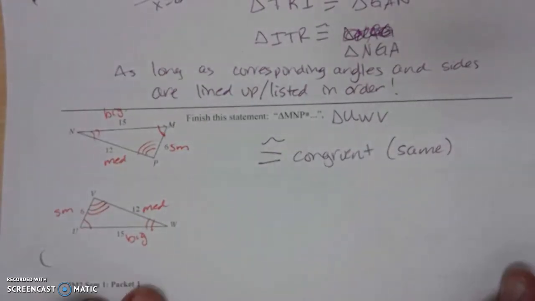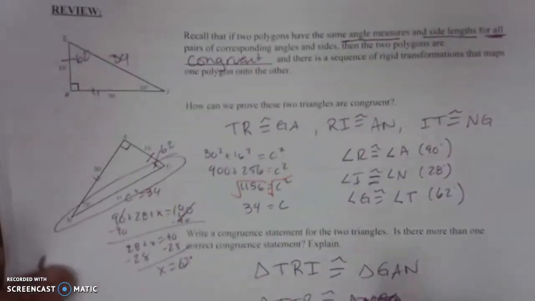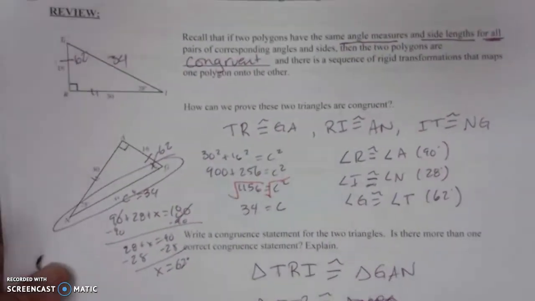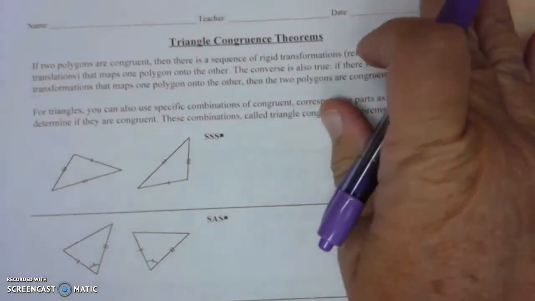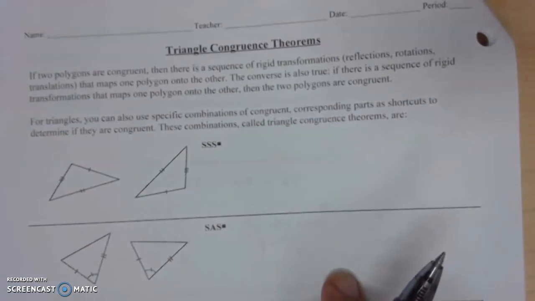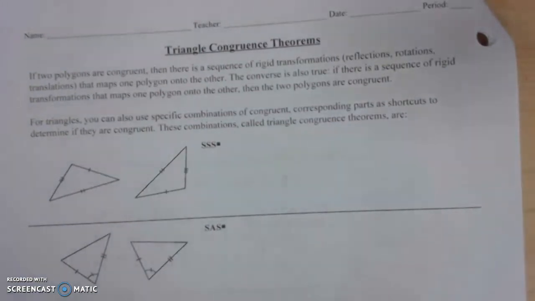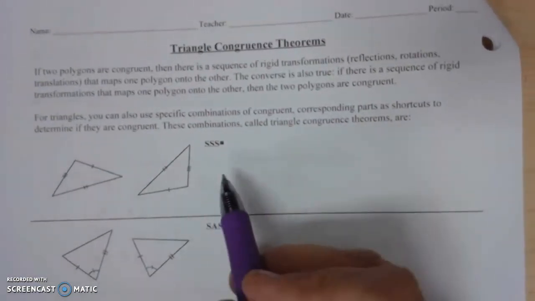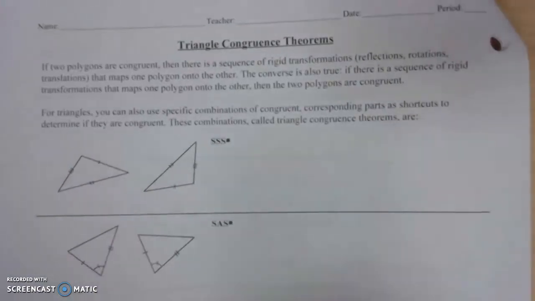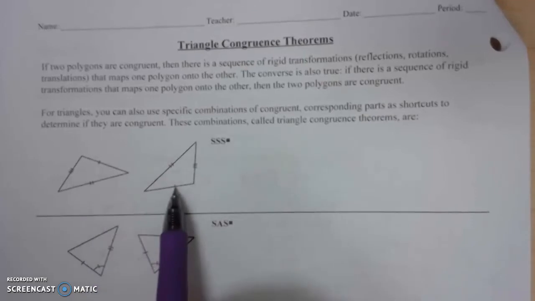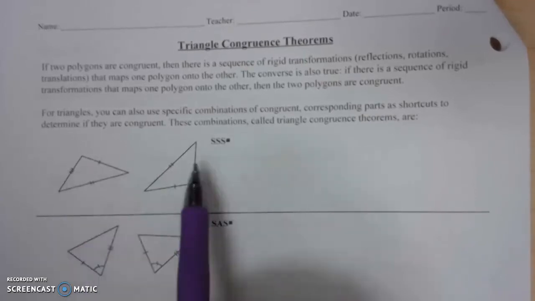Whew, but that's a lot to prove that all 3 sides are the same and that all 3 angles are the same. So let's talk about some shortcuts. Okay, here's some shortcuts right here, triangle congruence theorems. And the shortcuts are saying that if you have 3 sides the same, see how this has 1 hash mark, 2, 3.